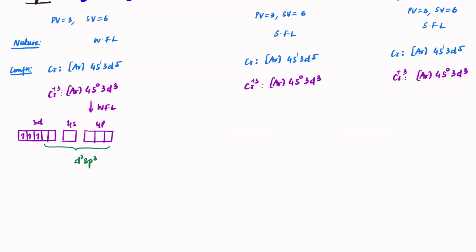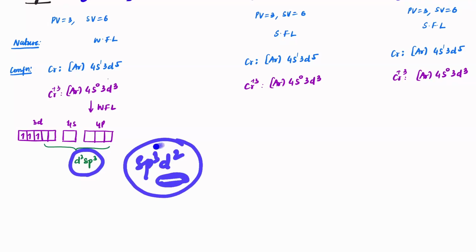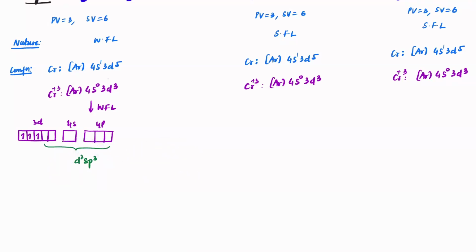No. As long as the inner orbitals are available, we'll always use the inner orbitals first. So d2sp3 is more preferable than sp3d2, because the outer d orbital will always carry more energy, while this will have less energy. Orbitals with less energy are always utilized first. Therefore d2sp3 hybridization will be observed.